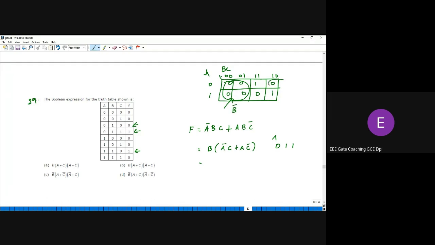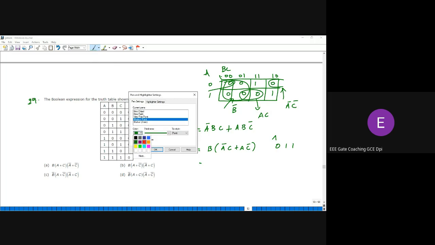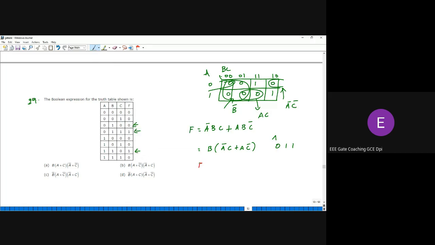And these 2 I can group. If I group this one, I will get A bar C bar. And if I group these 2 values, I will get A C. So from this, I can write F is equal to B bar whole bar into AC the whole bar into A bar C bar the whole bar.